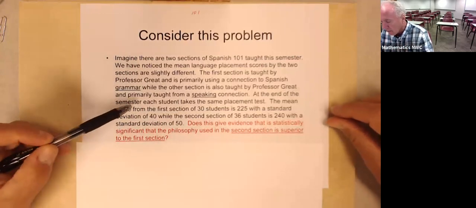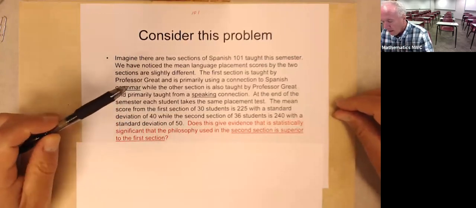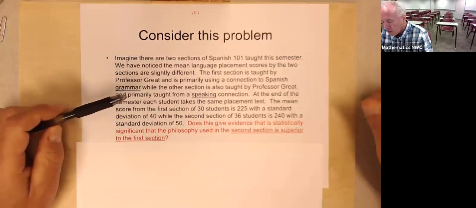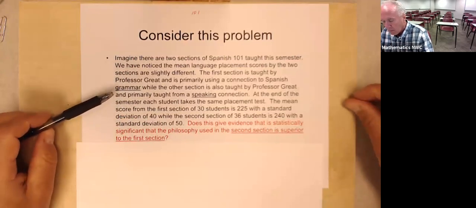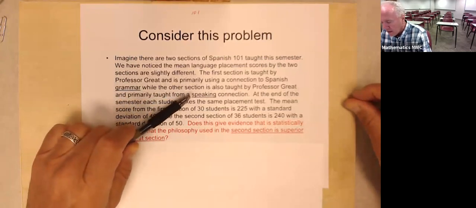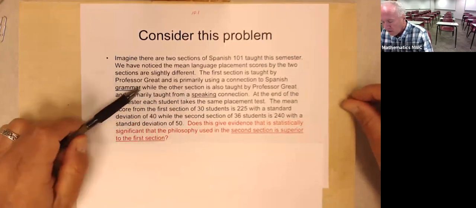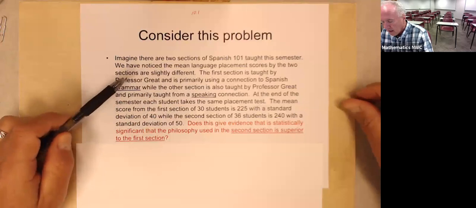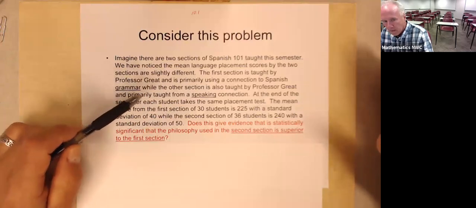This is an example of what we consider testing between two populations. A population that is teaching with connection to grammar versus a population teaching with connection to speaking. Two different populations. Is one better than the other?